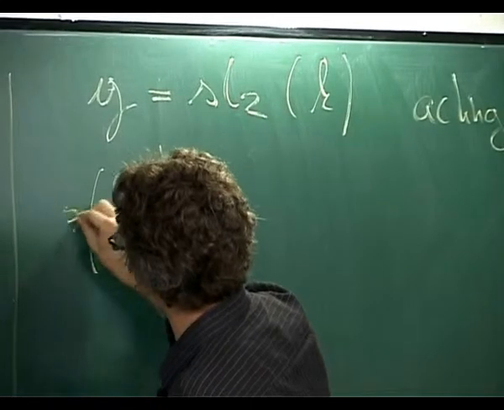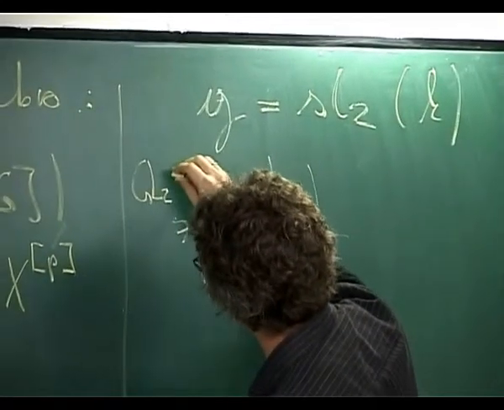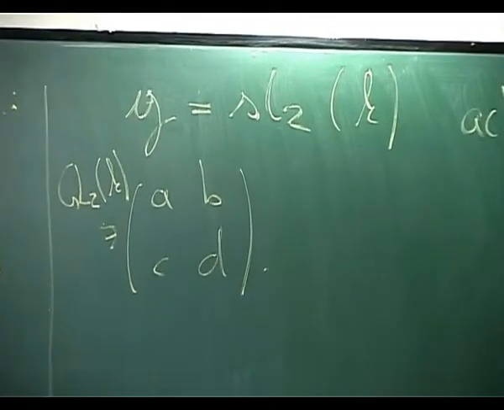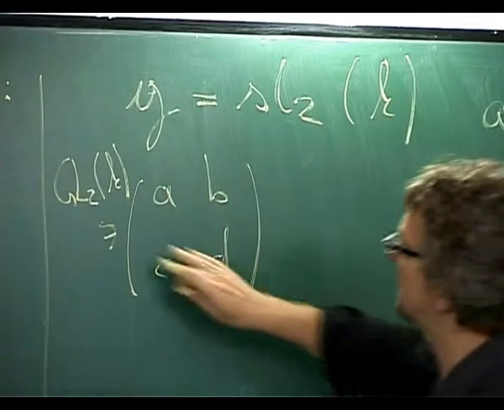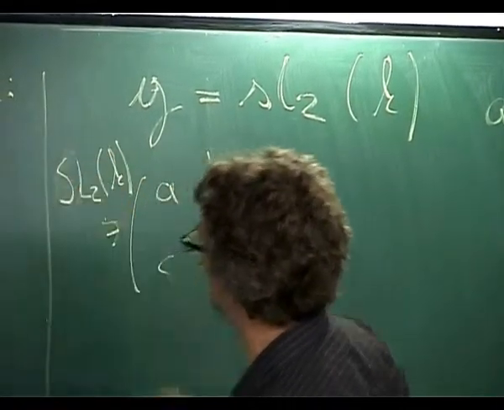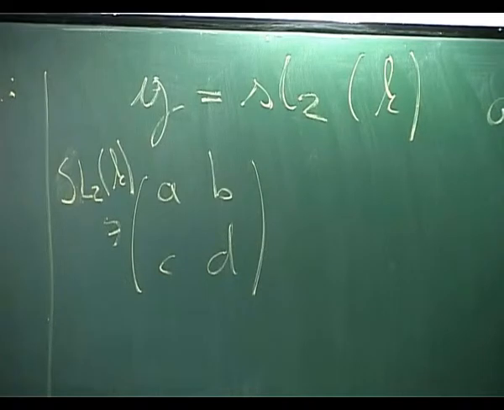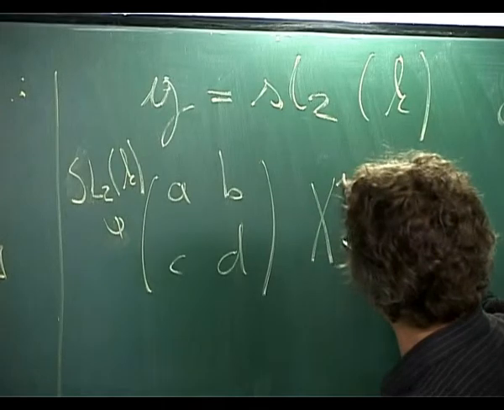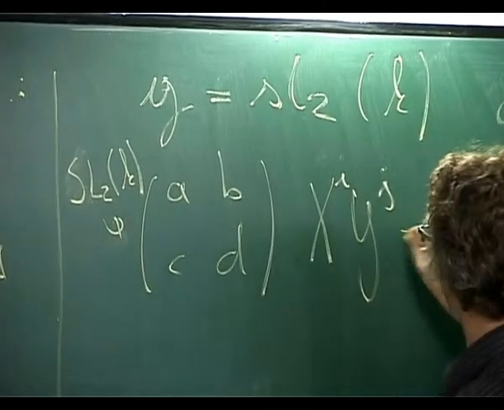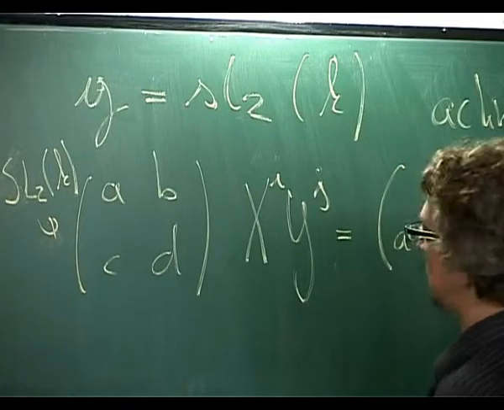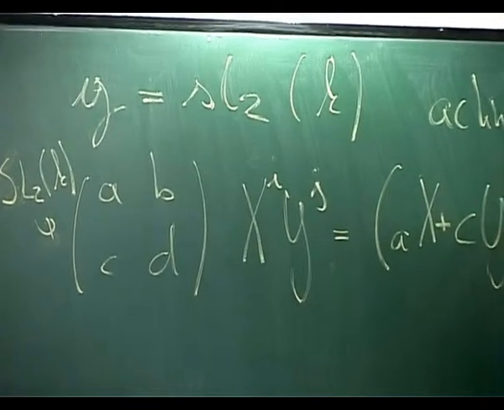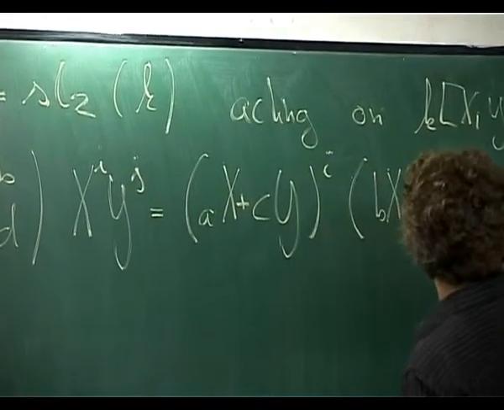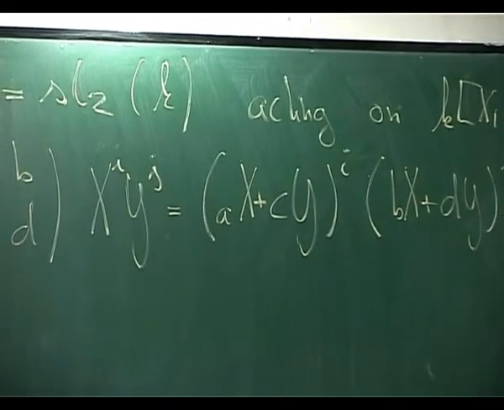If this is an element in the group, a matrix with determinant 1, it acts on x to the i, y to the j as follows: (ax plus cy) to the i times (bx plus dy) to the j. So that was the action.